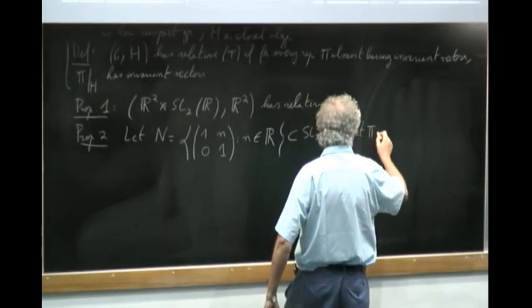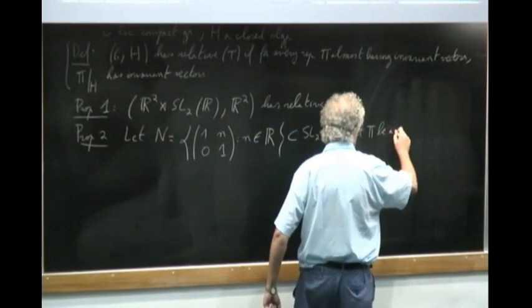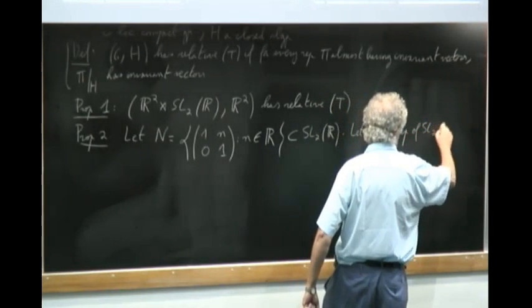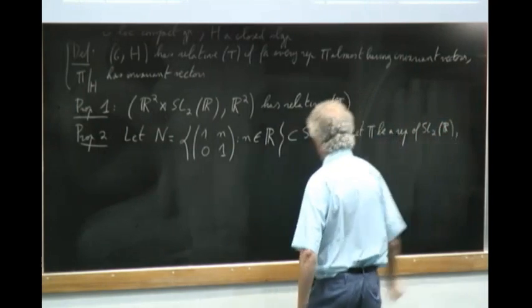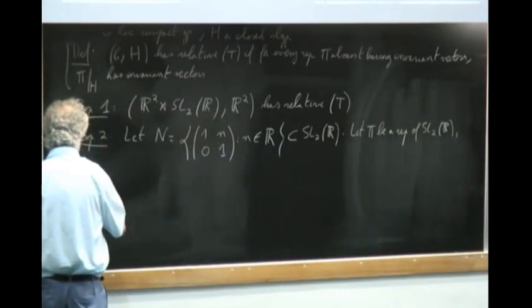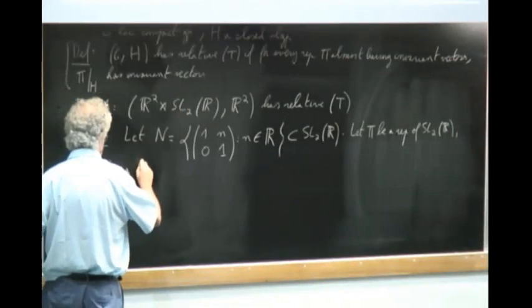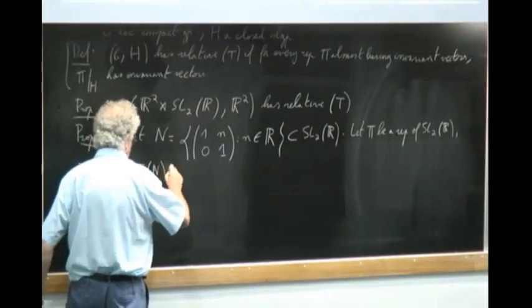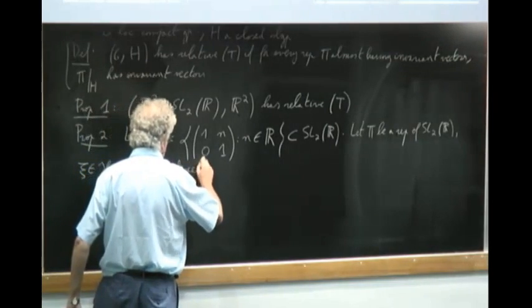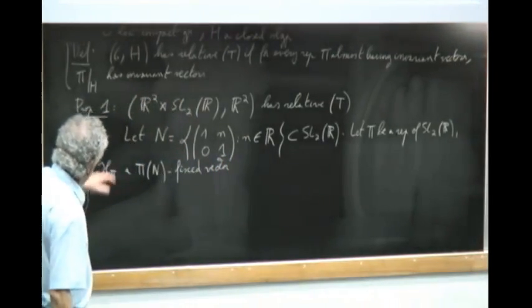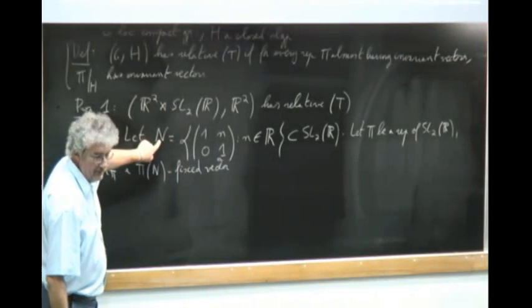And let pi be a unitary representation of SL2R, and psi in the Hilbert space a pi(N) fixed vector. So you assume that you have a vector which is fixed under that subgroup.